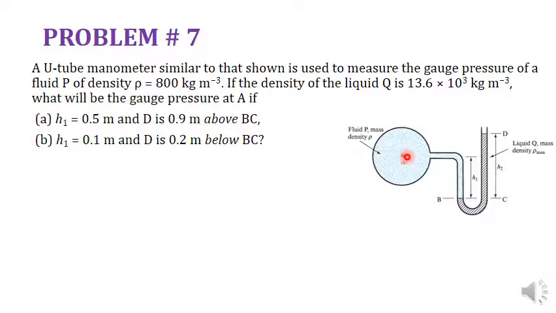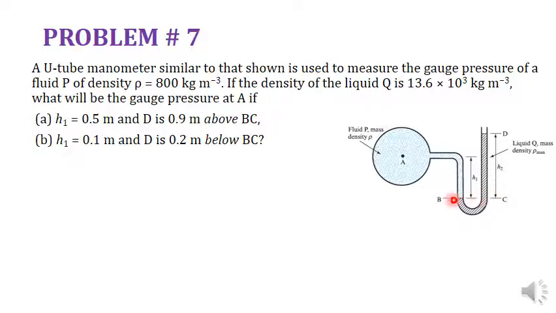You need to determine the pressure at point A, but for two different cases. The first case is in which H1 is equal to 0.5 meter and D is 0.9 meter above the BC. Here you have this BC, where in the left limb the manometric fluid level is there. You cut a cross section through this level, and it goes through the other limb, the right limb of the manometric tube.